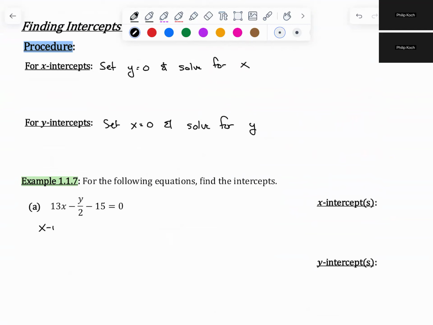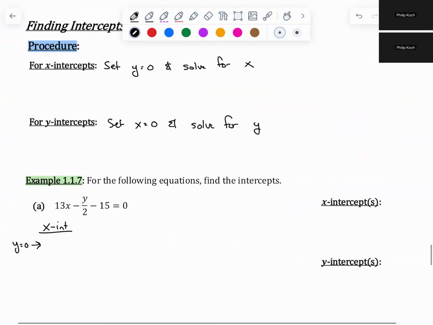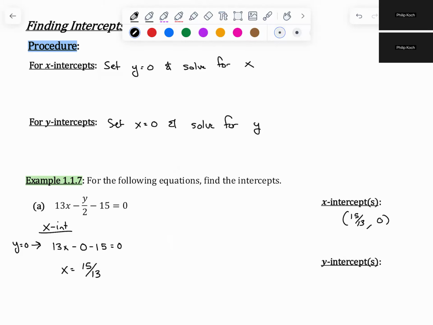So for the x-intercept, y equals 0 would tell me that 13x minus 0 minus 15 is equal to 0. That should give me x is equal to 15/13. Fractions are people just like you and me. We don't need to be afraid of them. So we have the x-intercept 15/13 comma 0.